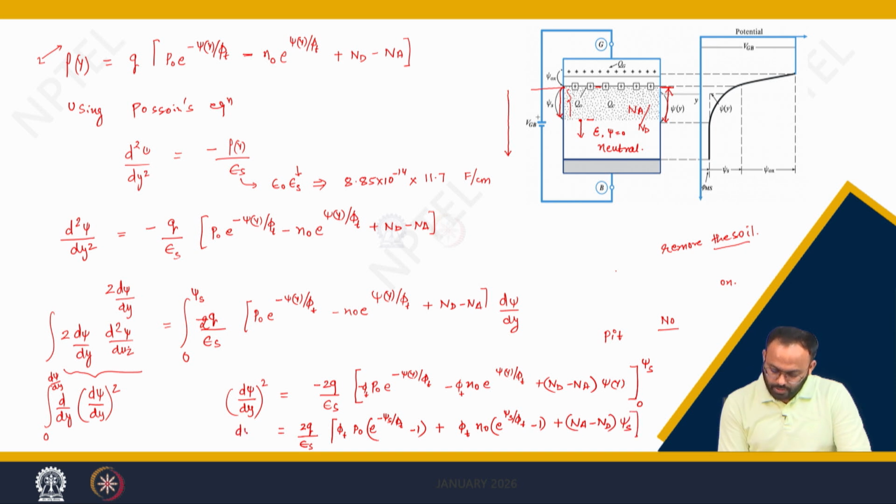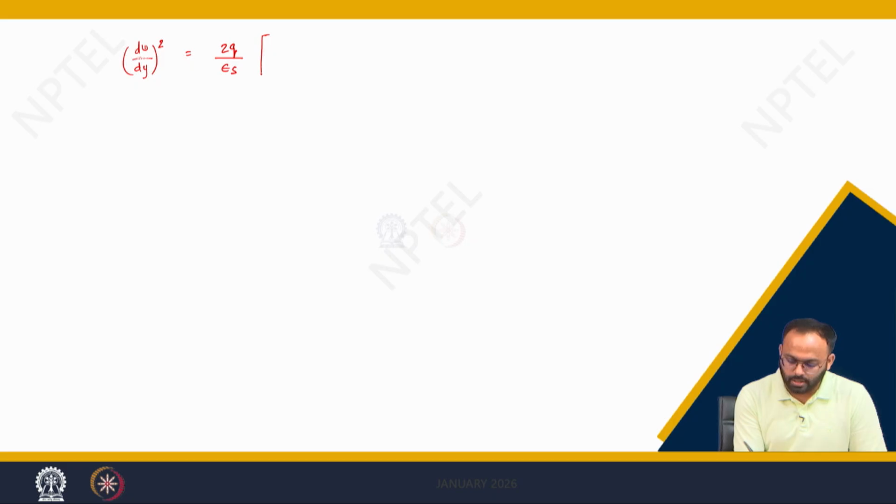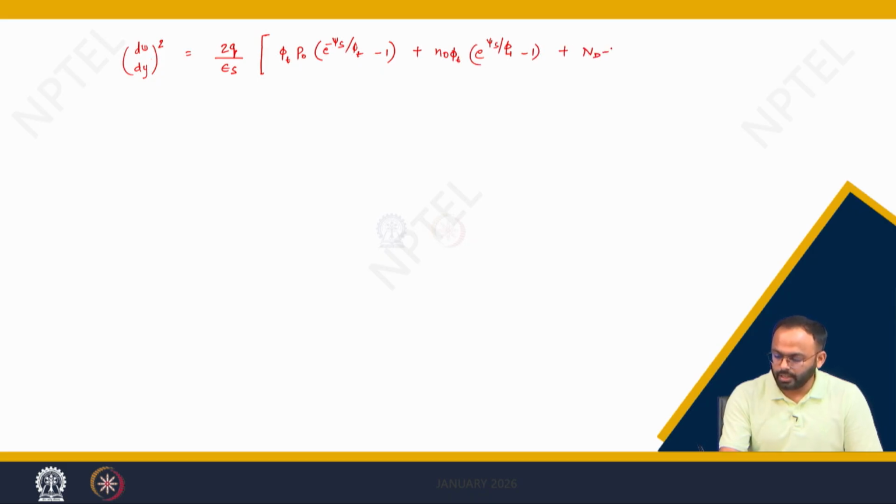So, this is the equation where the left hand quantity dψ/dy is nothing but electric field, but this is an electric field square. So, I can rewrite this equation as (dψ/dy)² is equal to 2 into q divided by εs into [φt p0 (e^(ψs/φt) − 1) + n0 φt (e^(ψs/φt) − 1) + (Nd − Na) ψs].